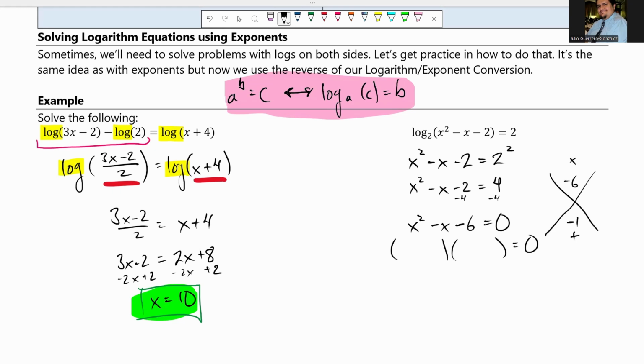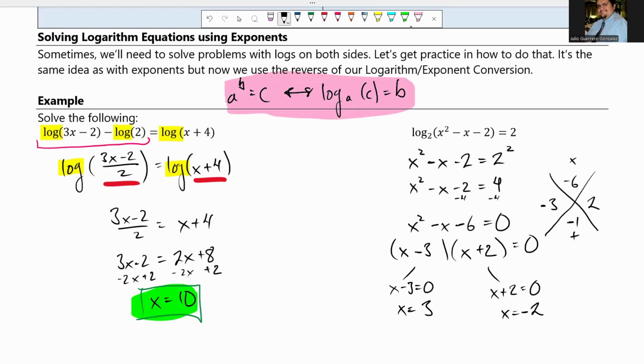If you guys thought negative 3 and 2, you are right. So this simplifies to x minus 3 times x plus 2, and this has got to equal 0. So x is equal to positive 3, x is equal to negative 2.